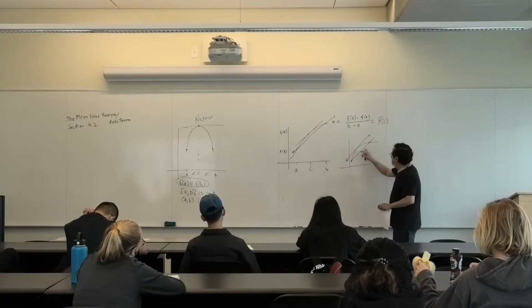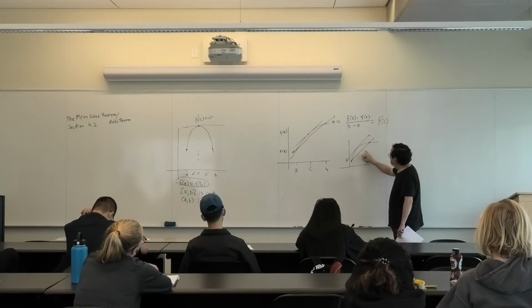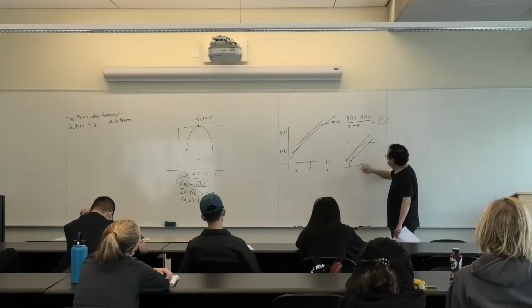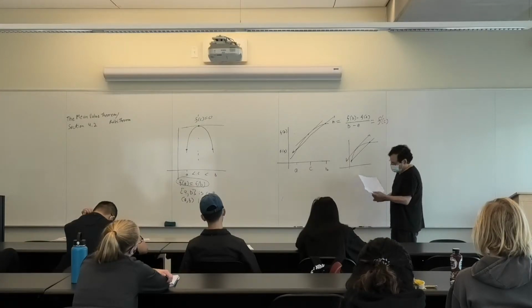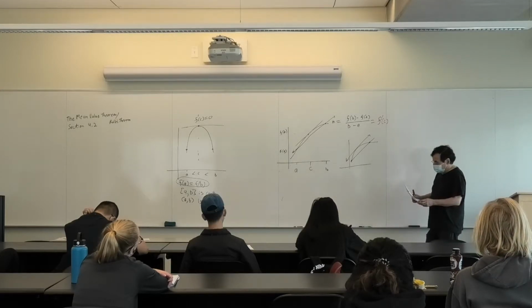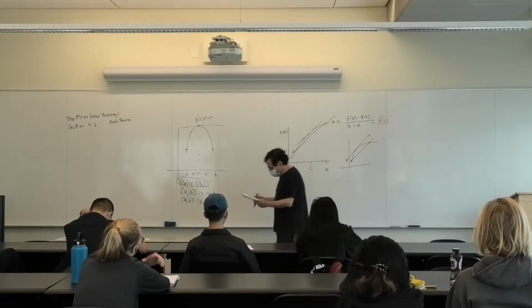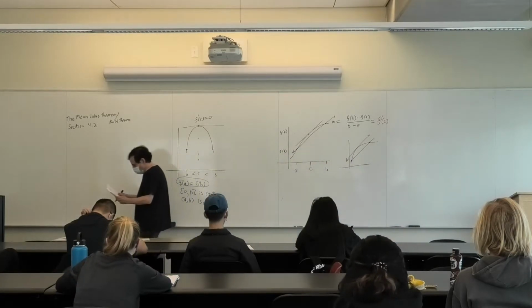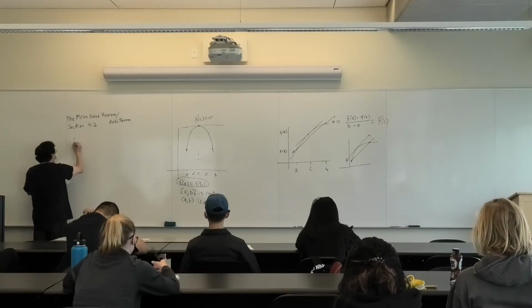I mean, another way to look at it is there's a line parallel to this line that's tangent to the function. Okay, that's the mean value theorem. So what can we do with that? Well, an example.